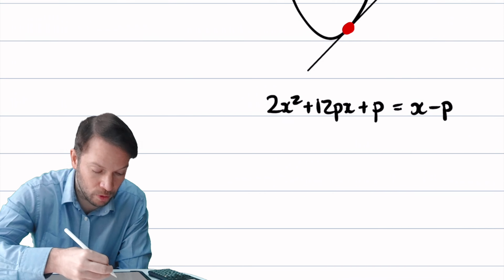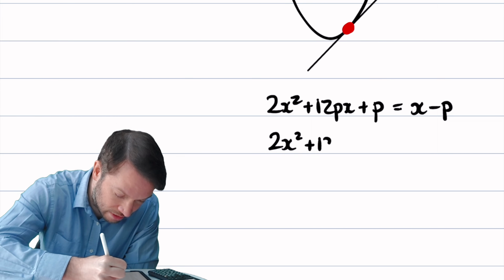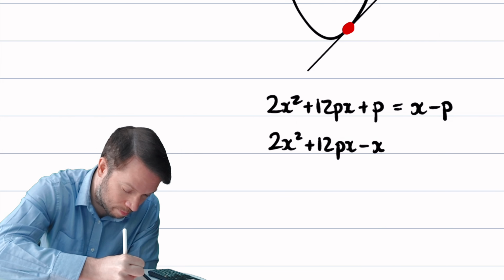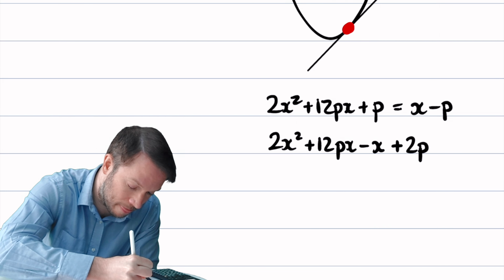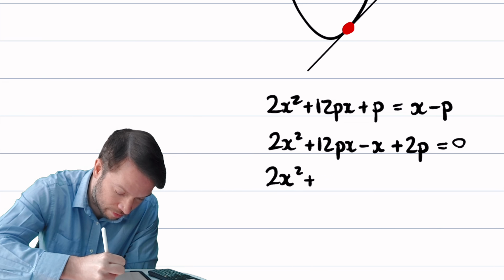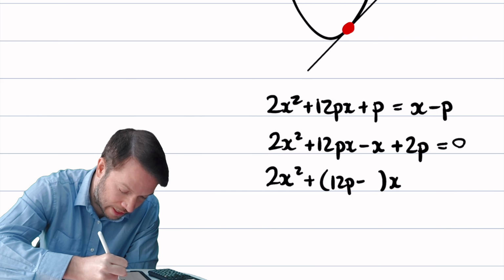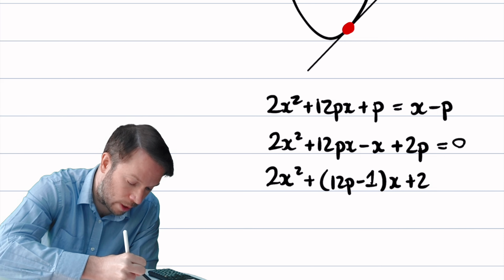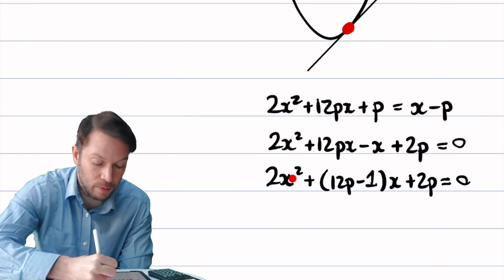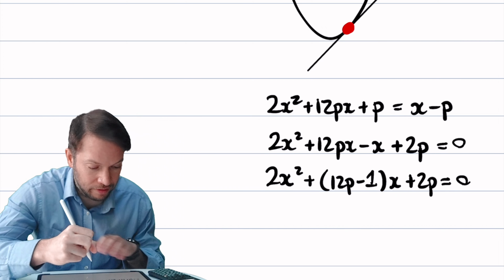We want to get 0 on one side, so we have 2x squared, minus x, and then plus 2p. And then if you factorize out the x from the middle two terms, the reason is that we want to have the equation in the form something x squared plus something x plus something equals 0.